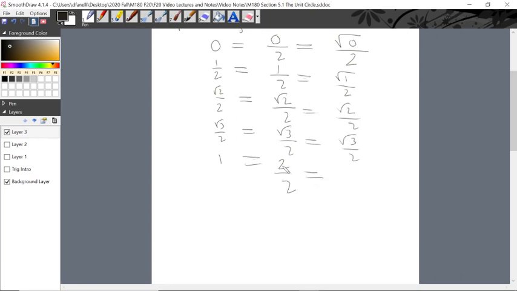And finally, 2 is equal to the square root of 4, so square root of 4 over 2. So in all cases, the denominator is 2. The pattern in the numerator goes square root of 0, square root of 1, square root of 2, square root of 3, square root of 4.